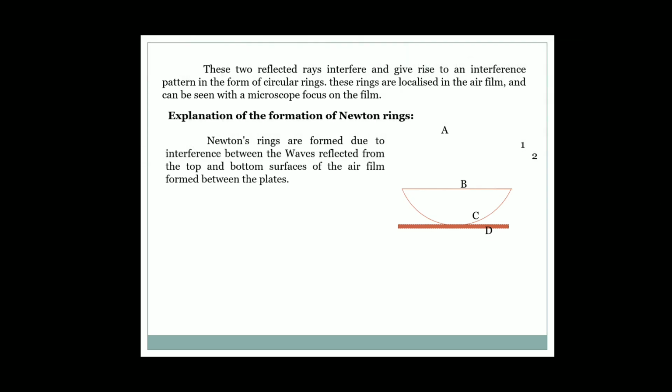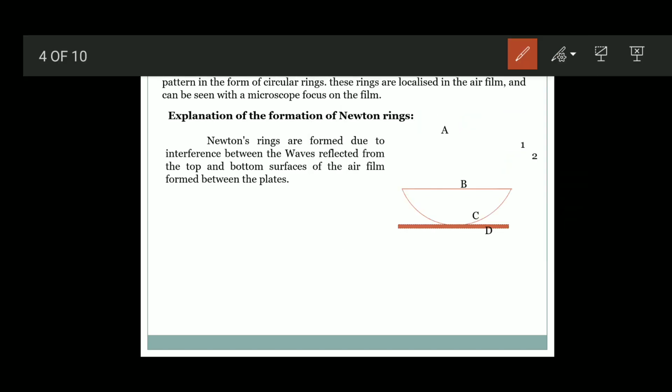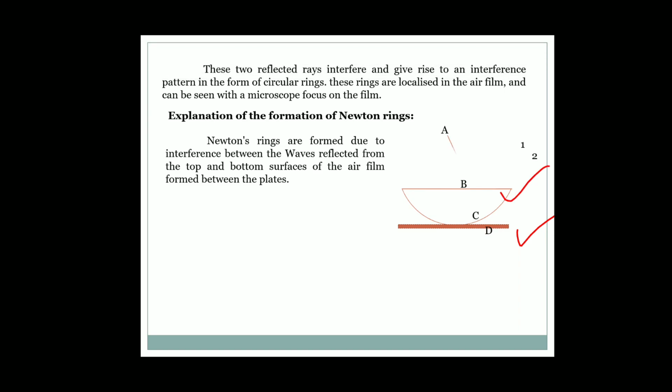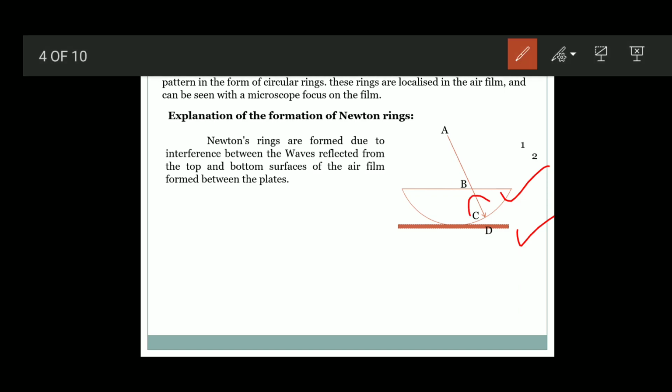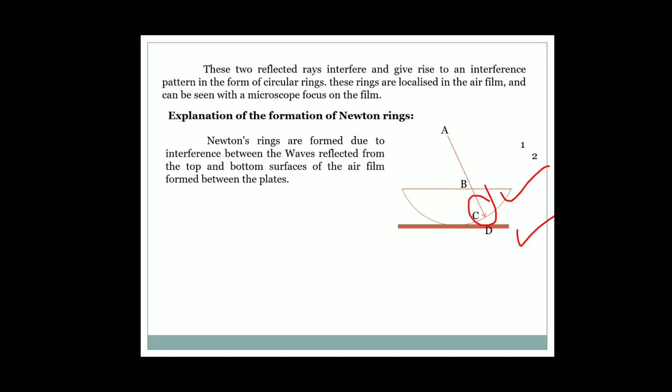As shown in this figure, as usual, there is a convex lens and a plane glass plate, and this is a plano-convex lens. If a ray is obliquely incident on this system, the ray incident at the bottom of the curved surface at C is partially reflected along C1 and partially transmitted along CD.